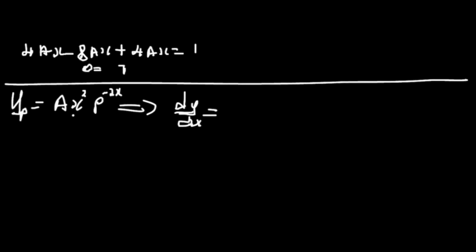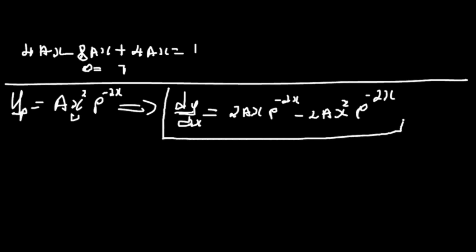We're differentiating x squared, so it will be 2ax e to the minus 2x, now minus, because the derivative of minus 2x is minus 2, so minus 2ax squared e to the minus 2x. So this is our first derivative.